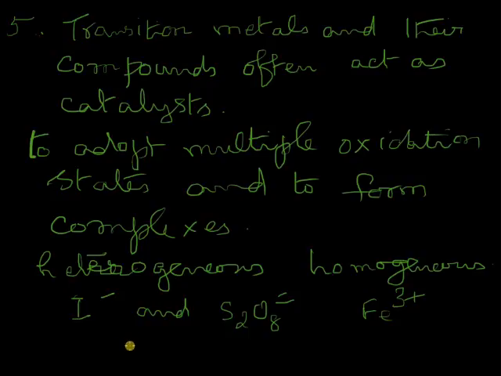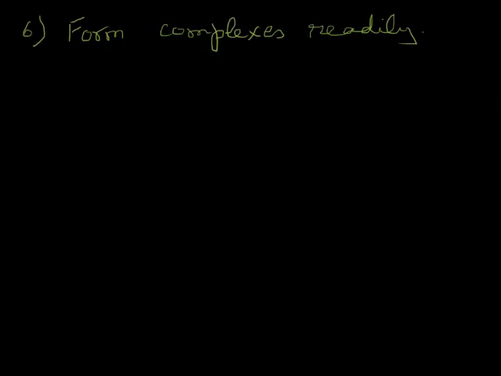So, we would give the reason for the catalytic behavior of transition metals and their compounds as their capability of adopting multiple oxidation states and to form complexes. Transition metals form a large number of complexes.